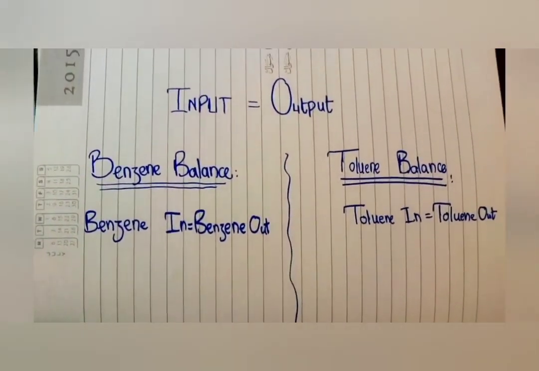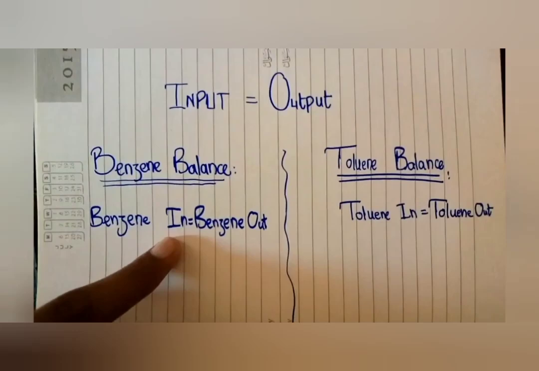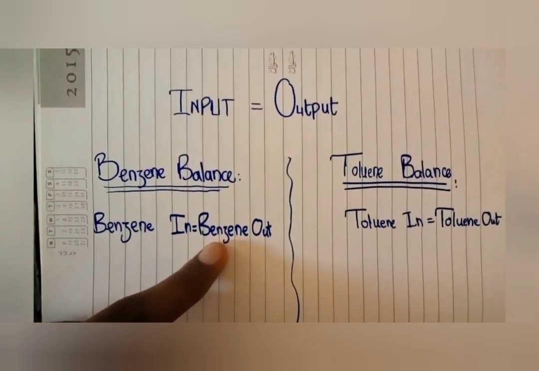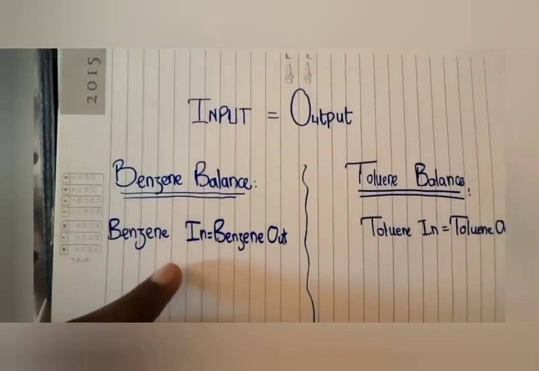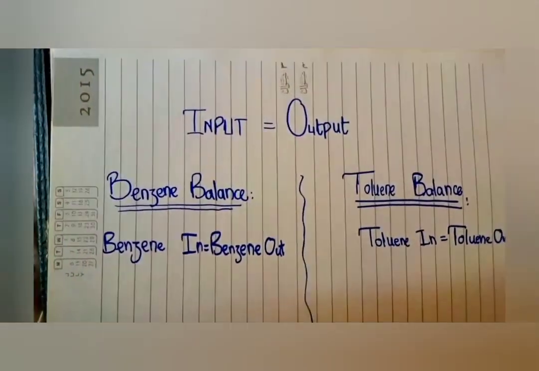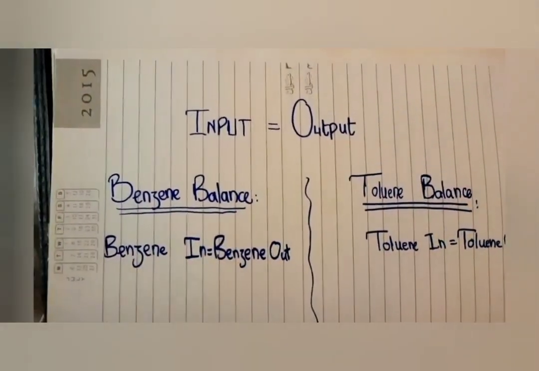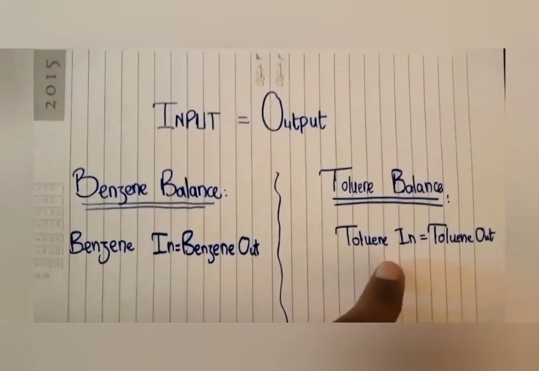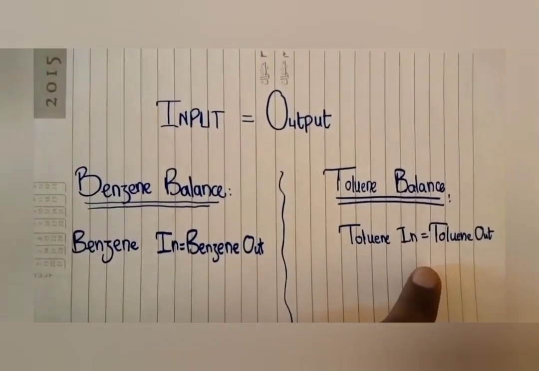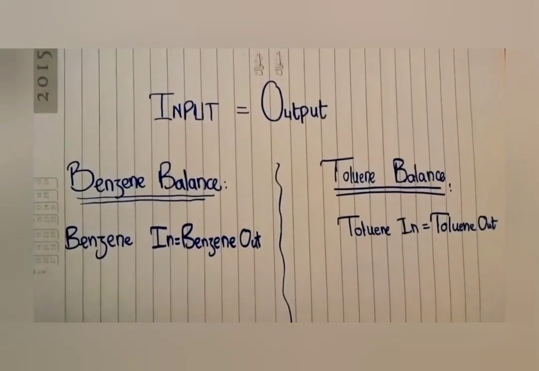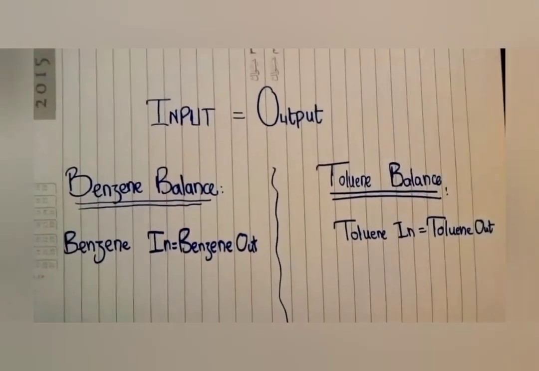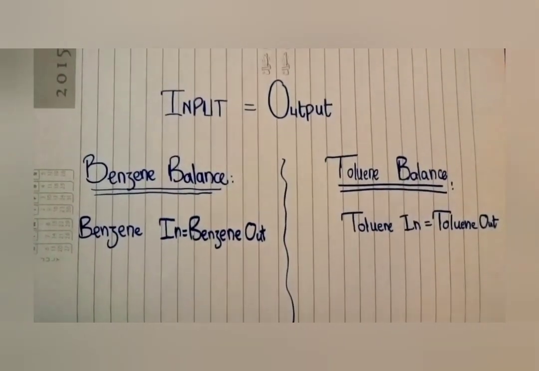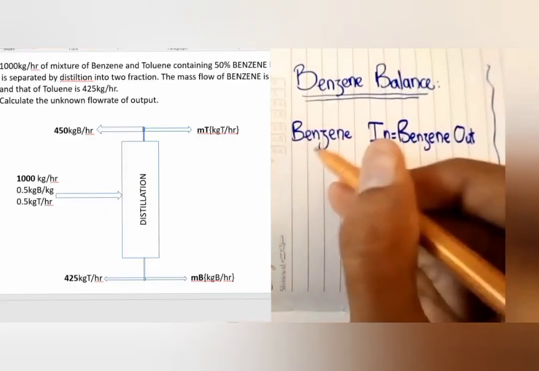For the benzene balance, benzene in equals benzene out. The amount of benzene entering our system will equal the benzene going out from our system. Similarly for toluene, toluene in will be equal to toluene out. We will use these individual mass balances to calculate the unknown flow rates of our system.